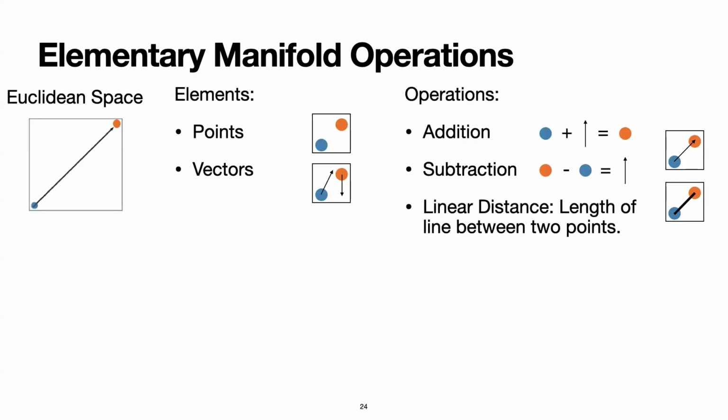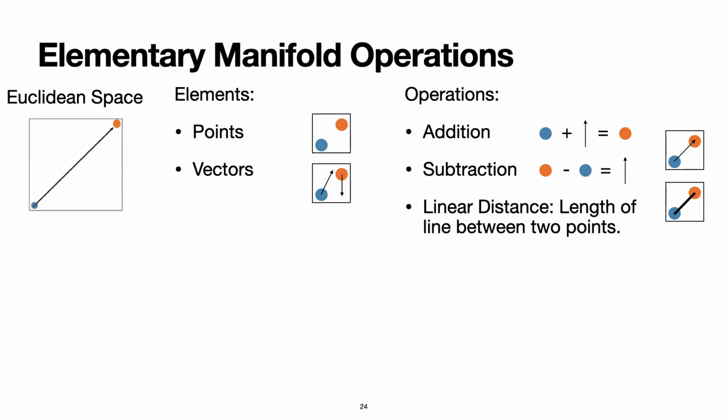Okay, elementary manifold operations. First, I'll go over what they are in Euclidean space, which is just normal, like XYZ or XY, essentially a space where the shortest distance between 2 points is a line and not some other curvy thing.